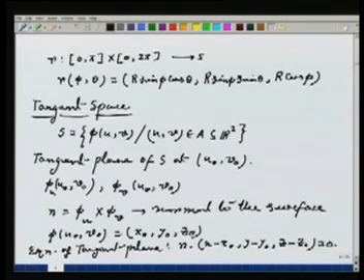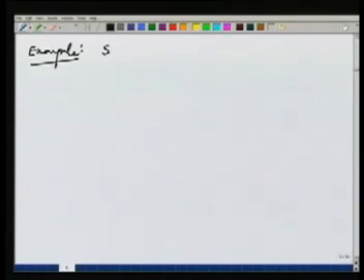So this is the equation of the tangent plane of a surface S at a point x naught, y naught, z naught. Now, I want to give two examples so that these constructions will be even more clear. The first example, let us look at the surface S which is the graph of a function f.